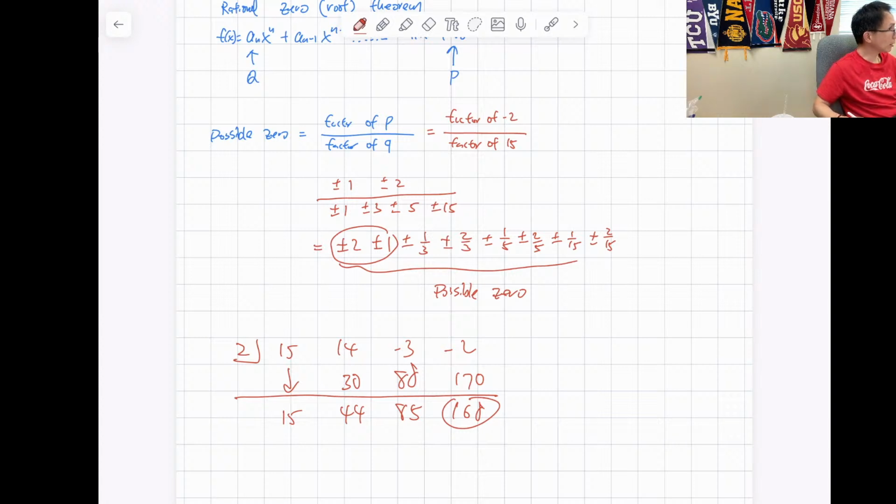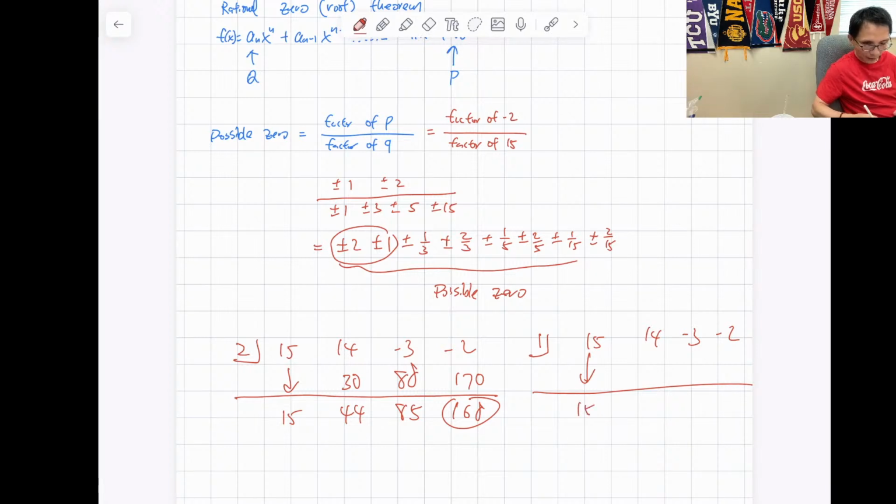Some people say, hey, if 2 doesn't work, I'm going to try 1. If I try 1, I'm going to do 15, 14, -3, -2. And we just pray and see if it works. Sorry, there's no other way. You kind of just have to pray.